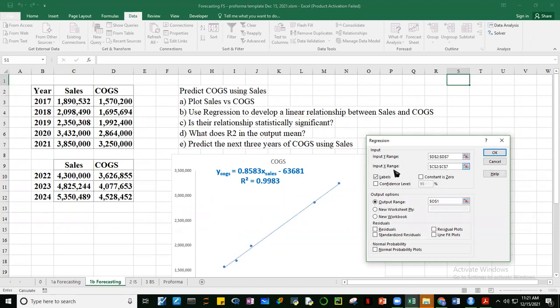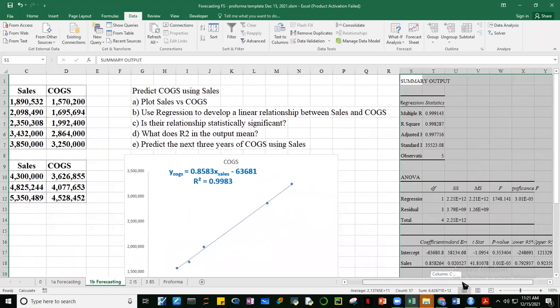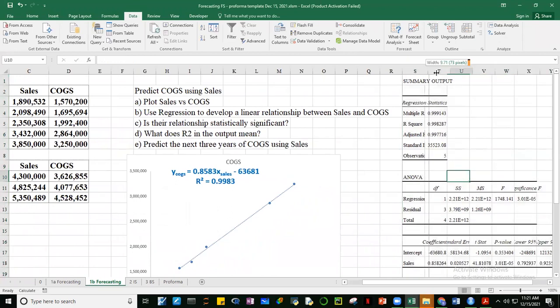Tapos si X naman, input X range natin will be itong sales, C2 hanggang C7. Then make sure that labels are clicked kasi may mga label na ginamit. And then output range, let me just put it to S1. Okay, so this, guys, is our regression output.